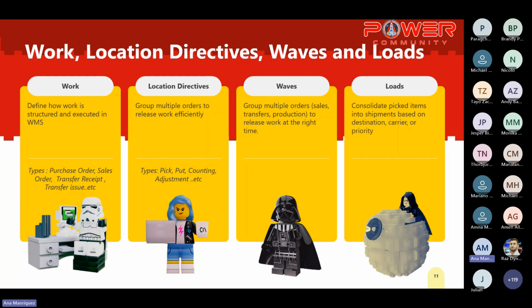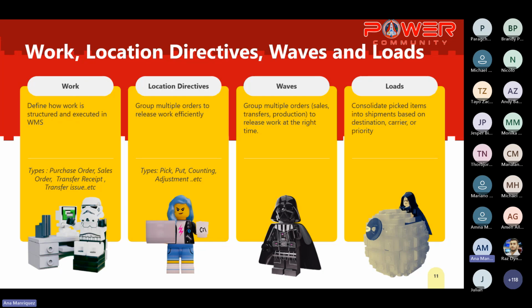If you receive a gelato, the location directives say, oh, no, the gelato has a fixed place in refrigerated place A. So the location directives say to the work, okay, you are picking from this place and leaving it in another place. The work by itself does not work. They need the location directives.